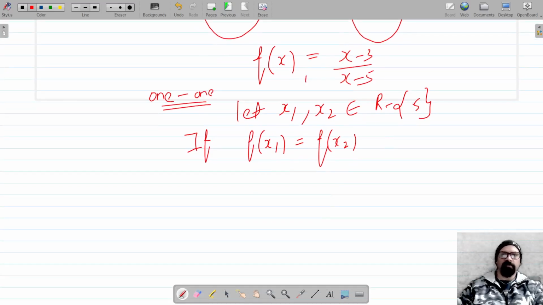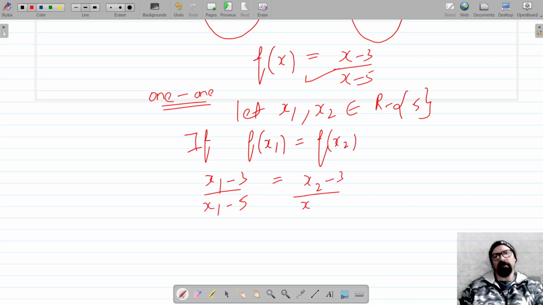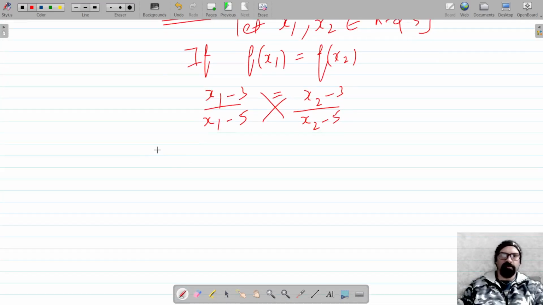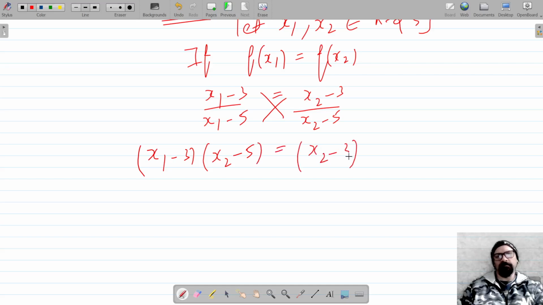So x1 according to this function is x1 minus 3 upon x1 minus 5. This is equal to x2 minus 3 divided by x2 minus 5. Let's cross multiply this, which gives me x1 minus 3 into x2 minus 5 is equal to x2 minus 3 into x1 minus 5.